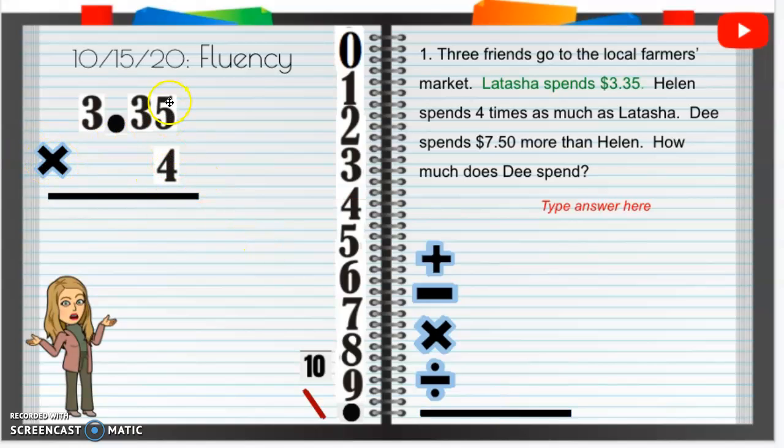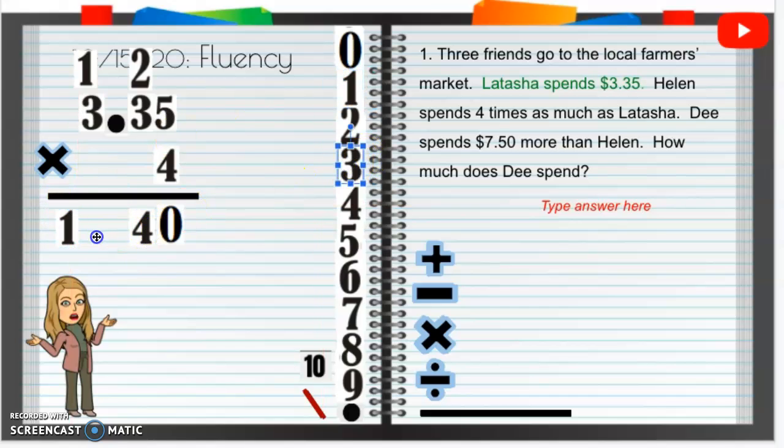What is 4 times 5? That's 20. I'm going to put that 2 up here. Drop that 0. 4 times 3 is 12, plus 2 is 14. I'm going to carry that 1 and drop that 4. 4 times 3 is 12 again, but plus 1 is going to be 13.